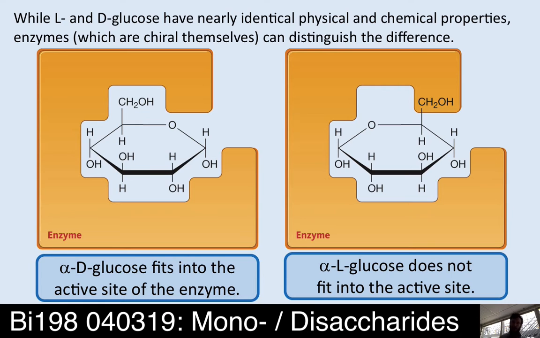Well, it's because D and L glucose have almost the same physical and chemical properties. So when I say physical, they have the same melting point. If you were to burn them, they would have the same caloric content, right?